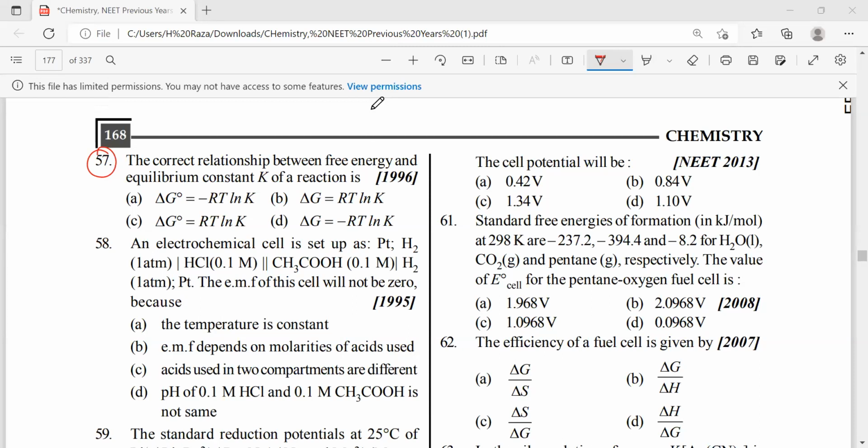Sir, the answer is D. Minus delta. So be careful. Can you spot the difference? Yes, sir. What is the difference? What will be its answer? A or D?